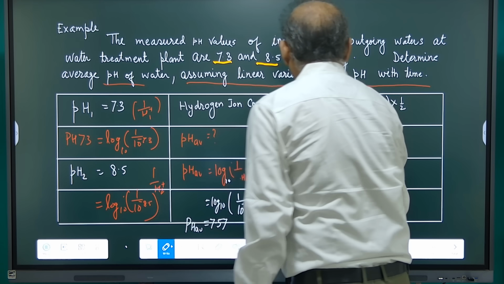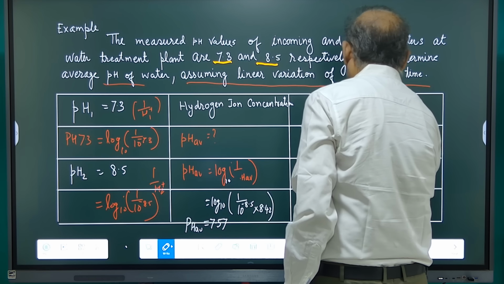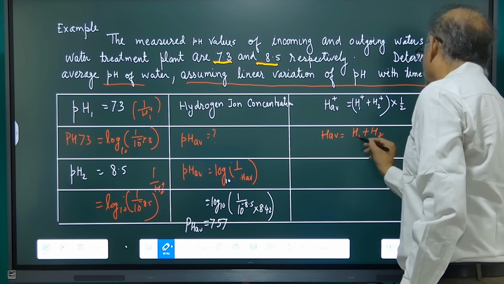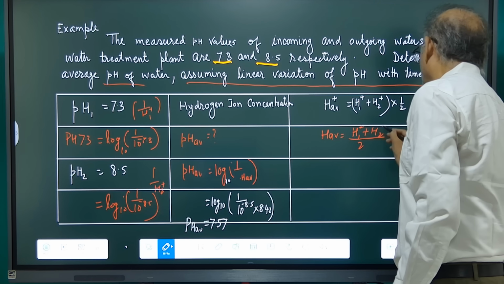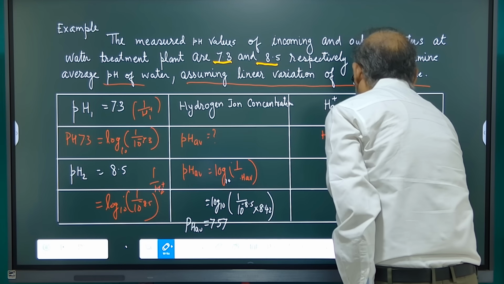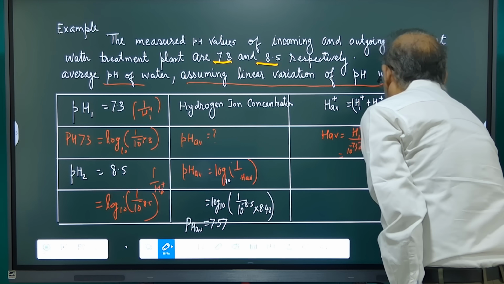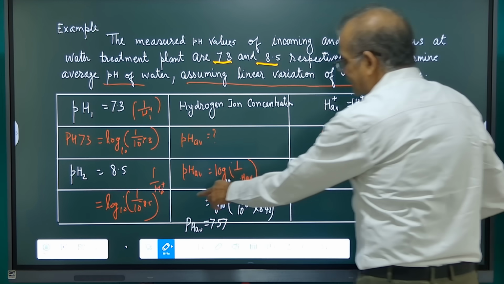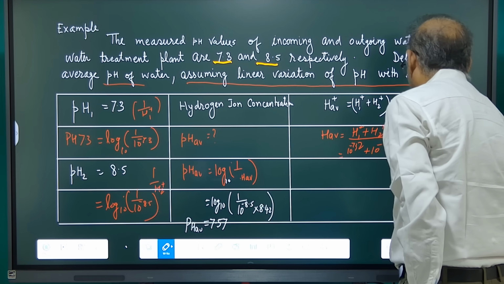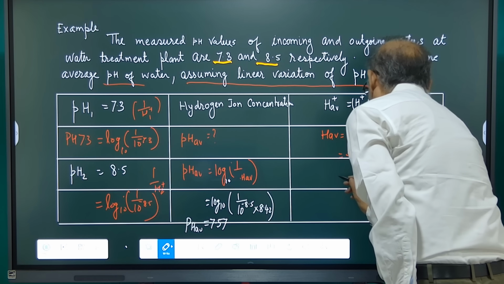So the average ion concentration will be H1+ plus H2+ divided by 2. Now we know H1 is 10 to the power minus 7.3 plus 10 to the power minus 8.5, H2, divided by 2. Now solving this, we can get H average.